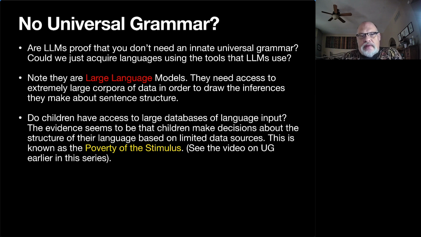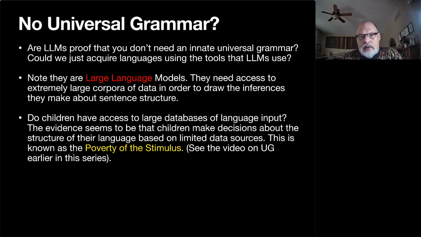It's been well demonstrated in language acquisition studies that children make decisions about the structure of their language based on very limited data sources. We discussed this in the video on the logical problem of language acquisition. Children make decisions about how their language is structured, is it object-verb or verb-object, based on very few examples.